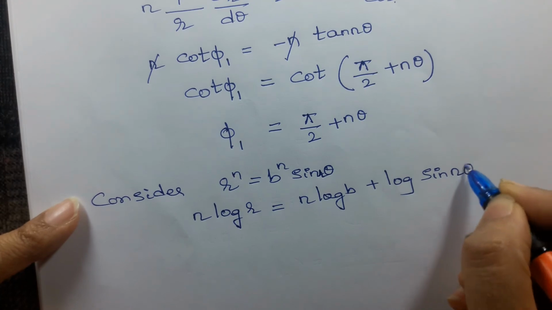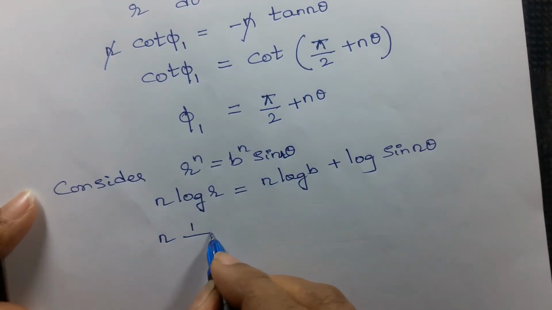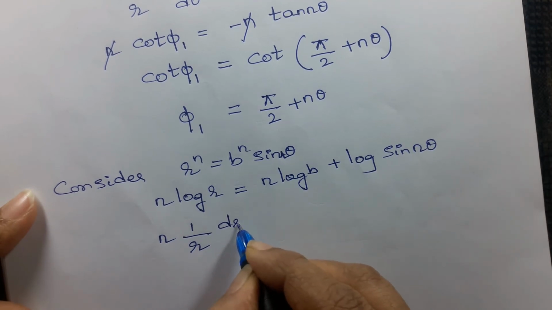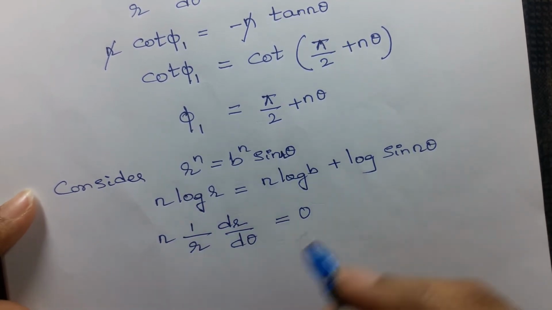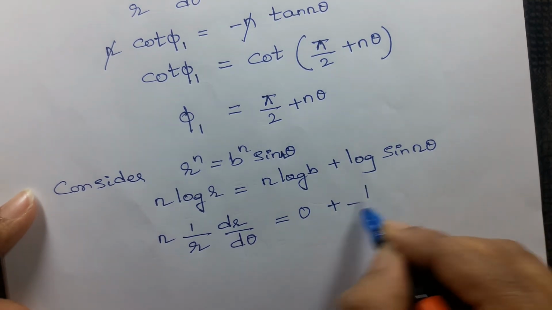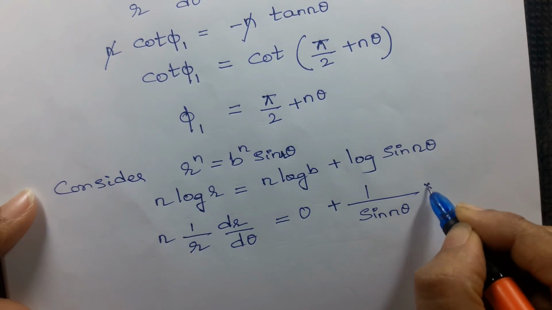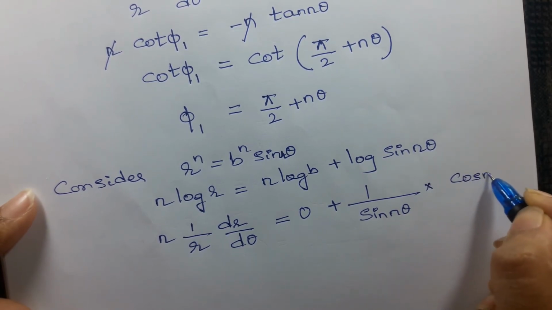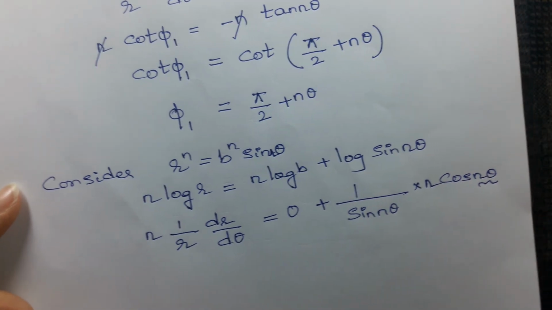Differentiate with respect to theta: 1 by r dr by d theta. n log b differentiation is 0. 1 by sin n theta I will get, sin n theta differentiated gives cos n theta, and again differentiating gives n.